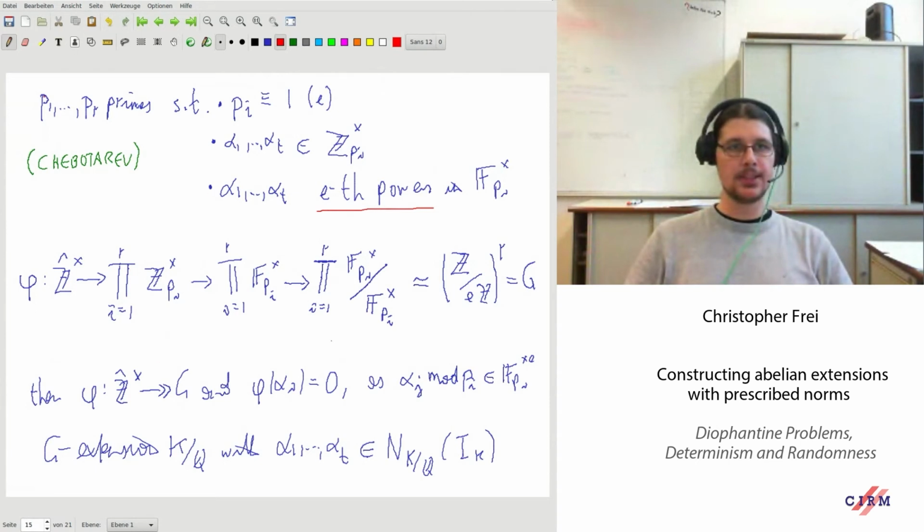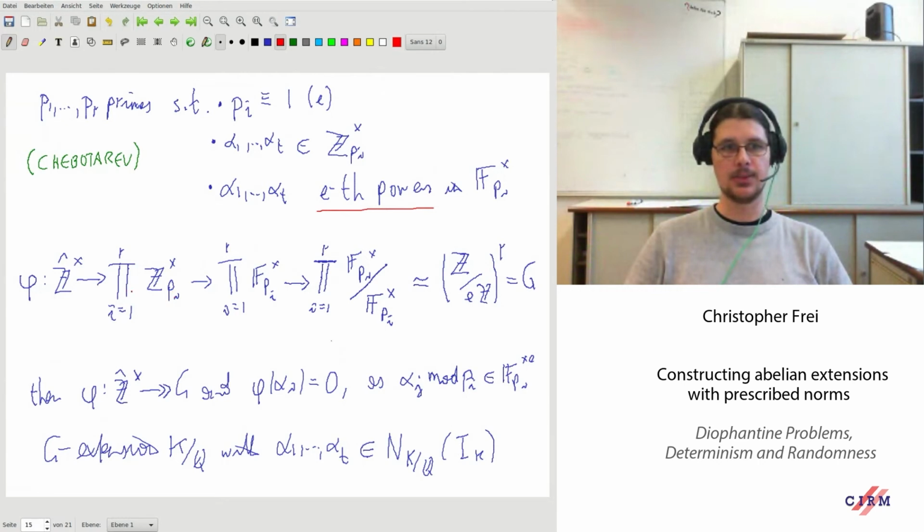So, given these primes, I have everything that I need to write down the first version of this homomorphism phi. So it goes from Z hat star. Remember, this was the product over Z_p star for all primes p. And I just ignore all the factors at all primes p except for my primes Pi.